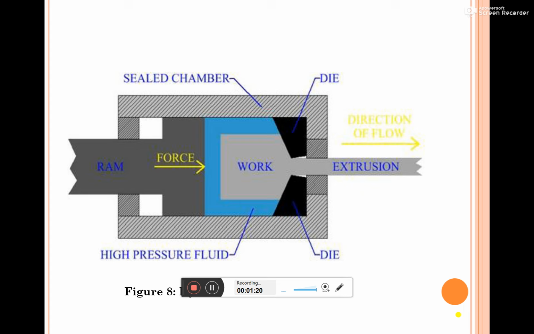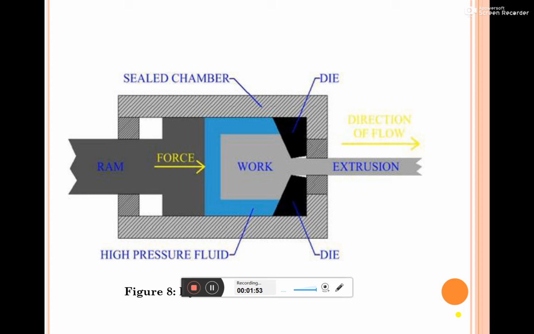The extrusion processes are mainly classified as forward and backward extrusion. This hydrostatic extrusion, whatever working setup you are seeing now, comes under the forward extrusion process. In the forward extrusion process, the flow of the material through the die is in the same direction as the force application. So that's why it is known as forward extrusion.